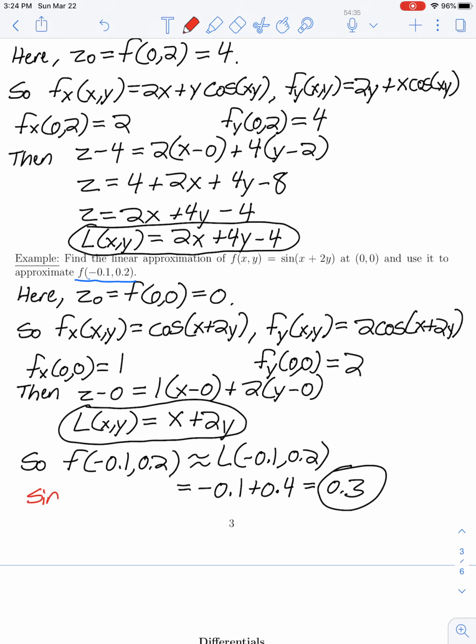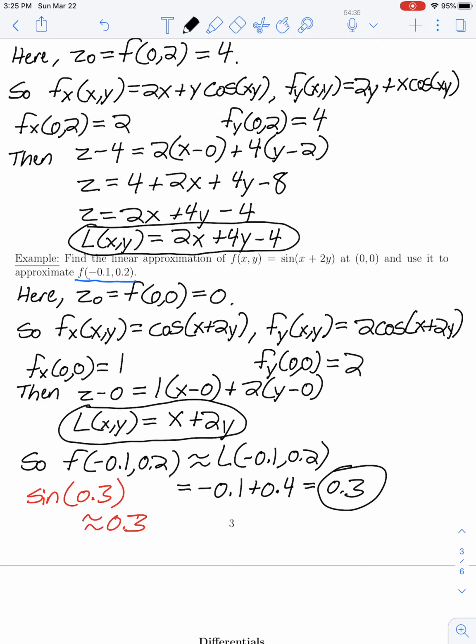We have a sine of x plus 2y, which is sine of 0.3, and it's difficult to evaluate sine of 0.3 without the use of a calculator. But through this linearization, we find that this value is approximately 0.3. And if we check that with the calculator, we see it's, in fact, a very good approximation.